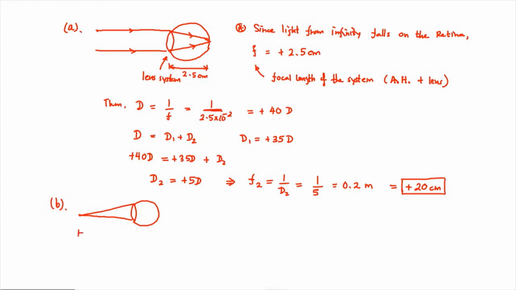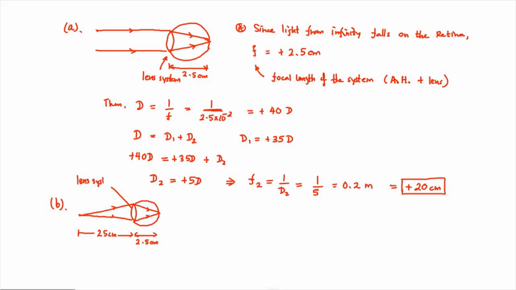Now this distance is 25 centimeters away from the lens system. Still the distance between the eye lens and the retina is 2.5 centimeters. So light falls like that onto the retina, and then we can see the image of that object. So here you have to remember that this is still the lens system.